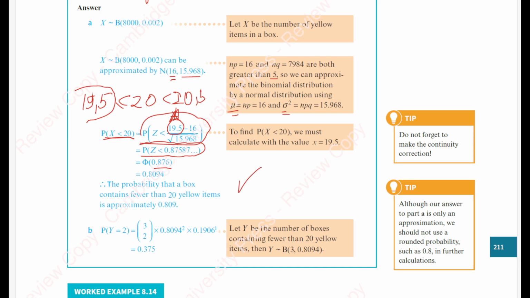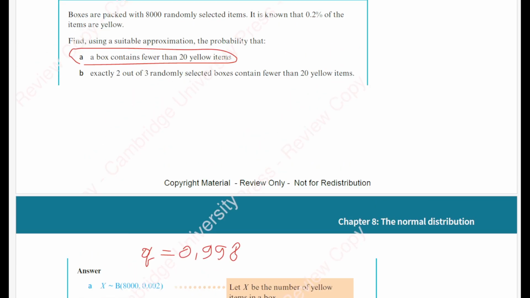And the next thing you have to do was: exactly 2 of 3 randomly selected boxes contain fewer than 20 yellow items. So if you solve this, you know the probability that you have fewer than 20 yellow items, but now you need to compute that 2 of these 3 boxes do.